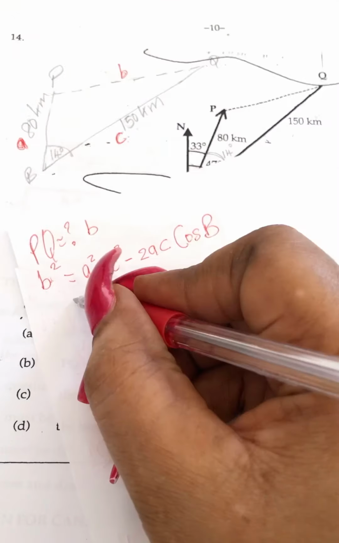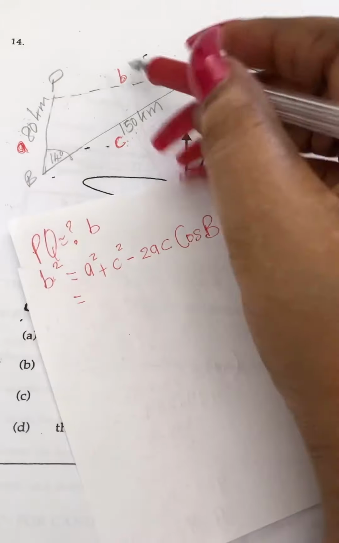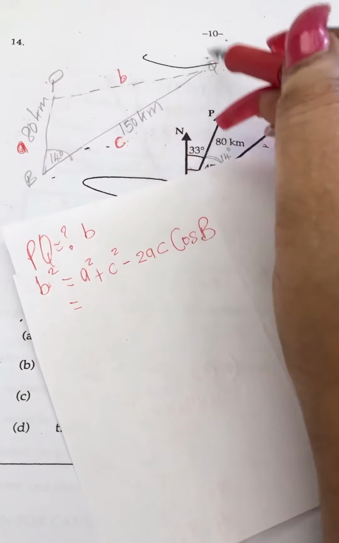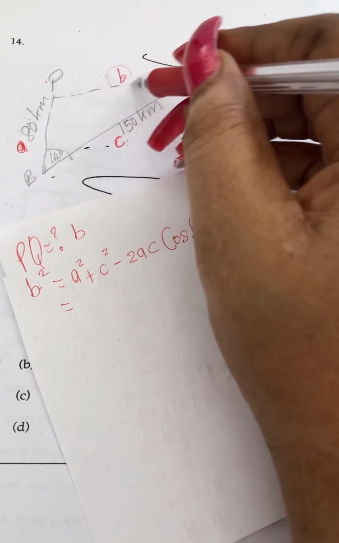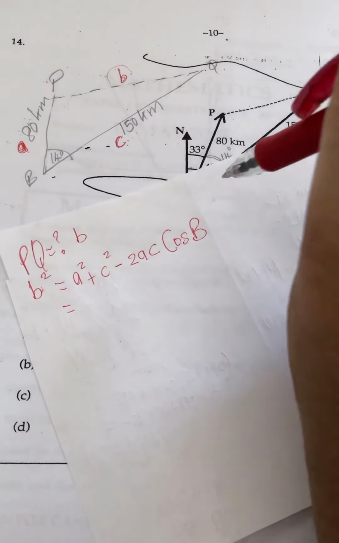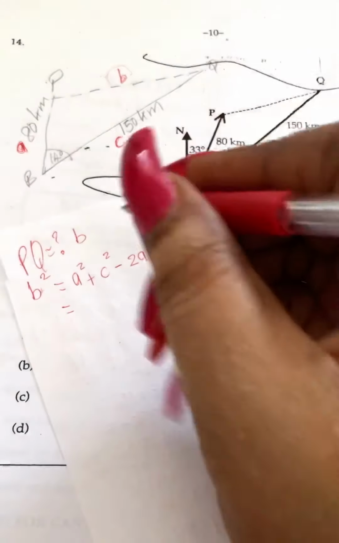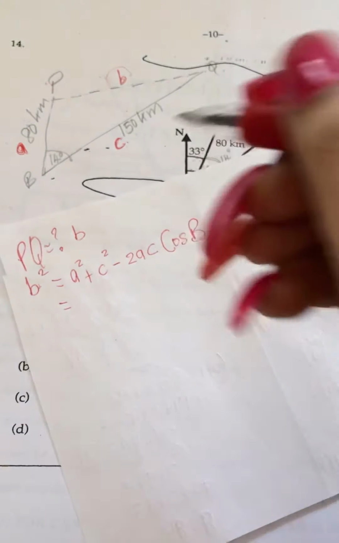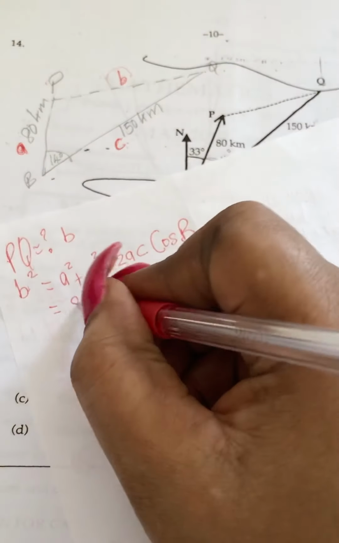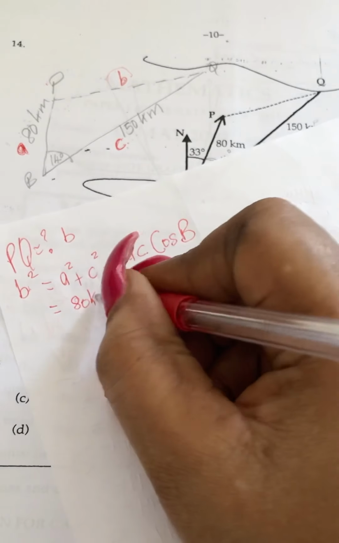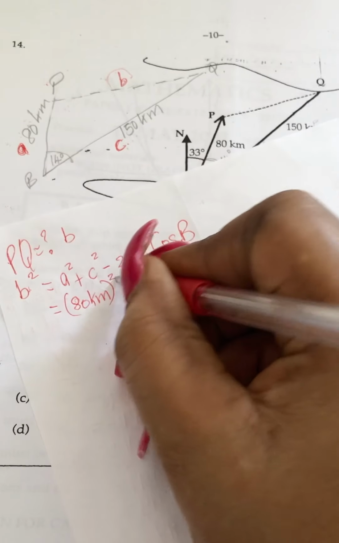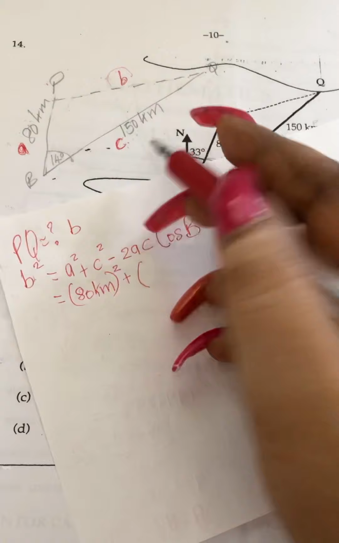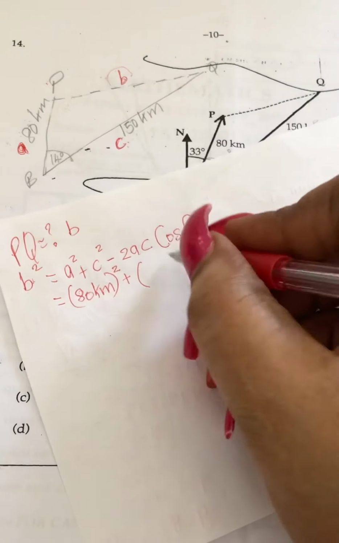All right, so my unknown is my PQ, right? And I have used letter B to represent my unknown. Good, so I'm going to substitute now. Small a is represented by 80 km squared.